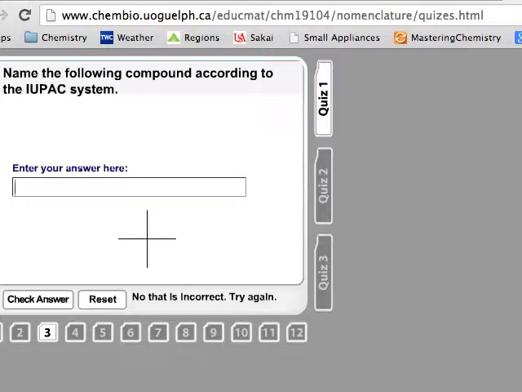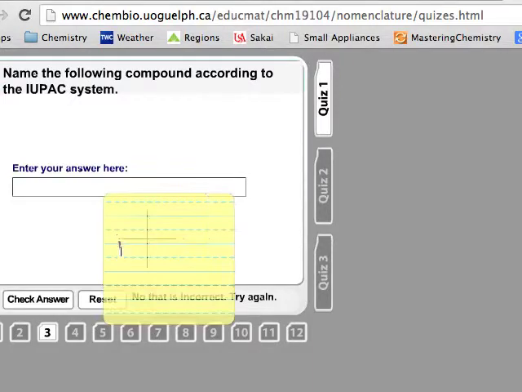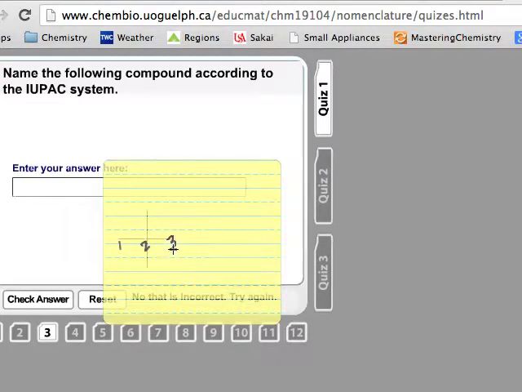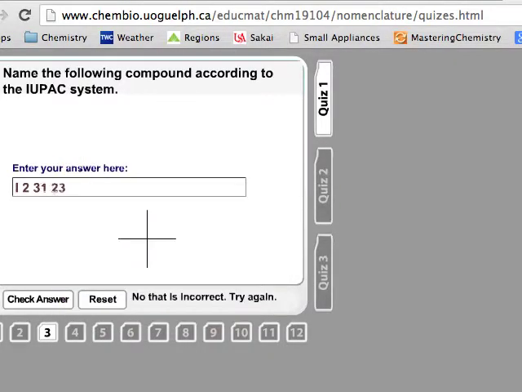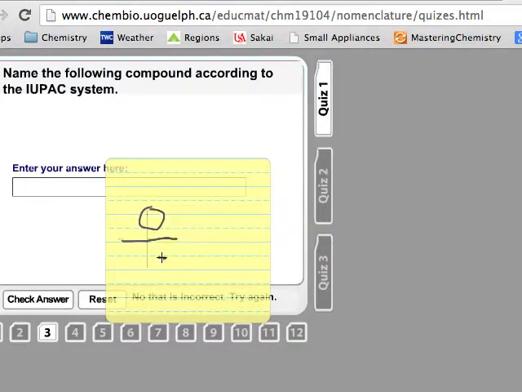So, finding my longest chain, this is what I totally ignored, all my rules. 1, 2, 3, or 1, 2, 3. So either way I do it, I am going to have, on this molecule, if this is my longest chain right here, then I've got a methyl and a methyl.